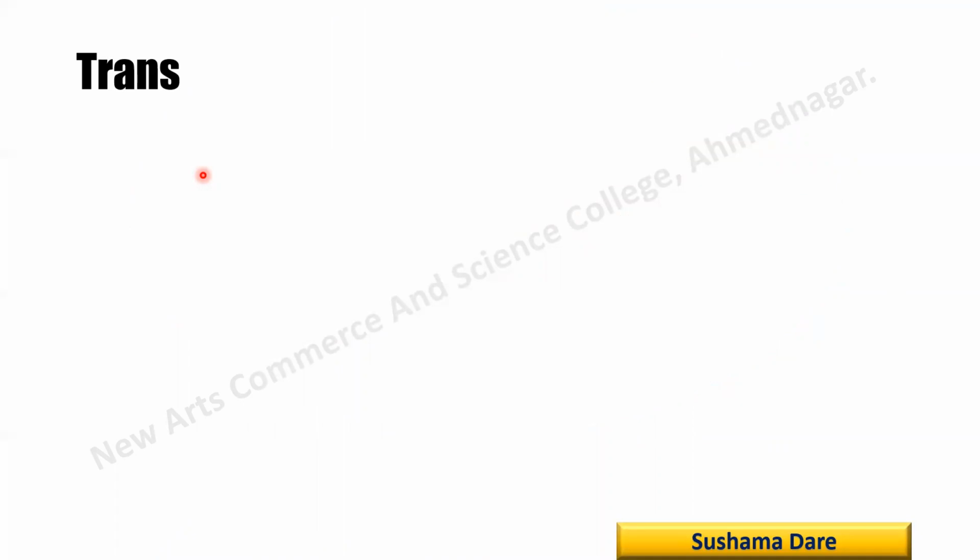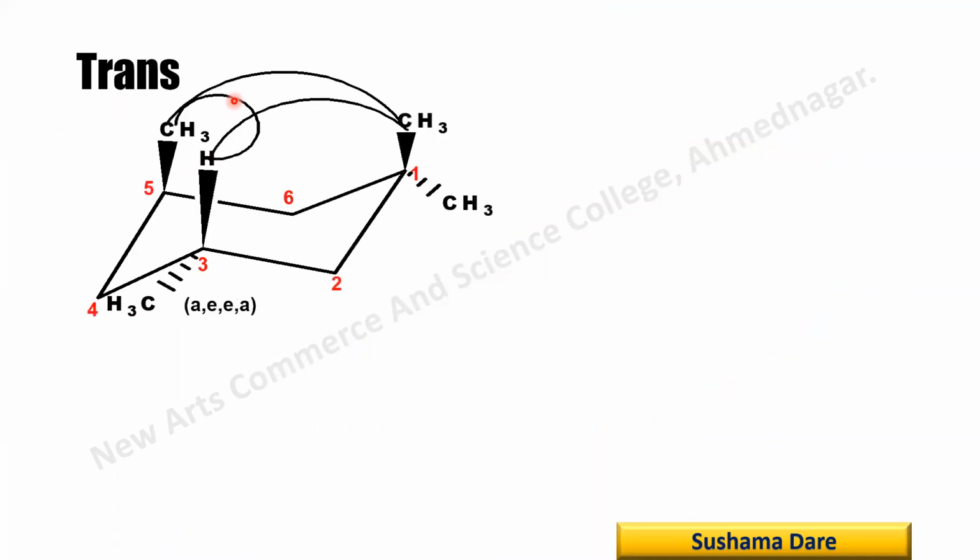Now, the next compound is the trans compound. So in this case, the C3 and C5 methyl groups have opposite stereochemistry.